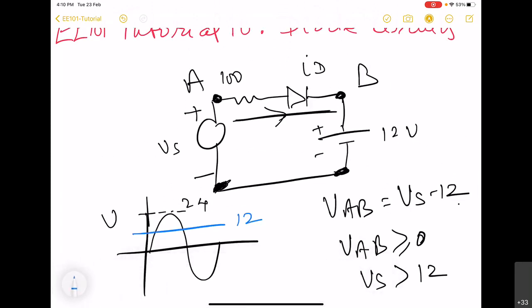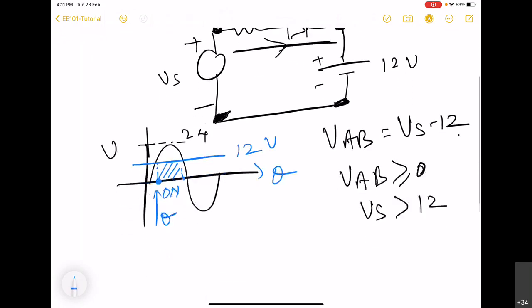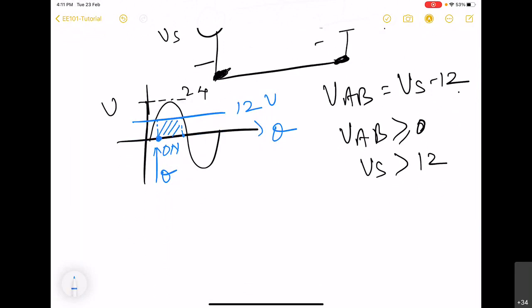So we have to draw a line at 12 volt. Our diode will turn on at this moment and it will remain turned on for this portion. So actually we need to find out this theta. If we know this theta, we can find out the duration for which it will be turned on. In this case, we are taking our Vs as 24 sine theta, and this should be equal to 12.